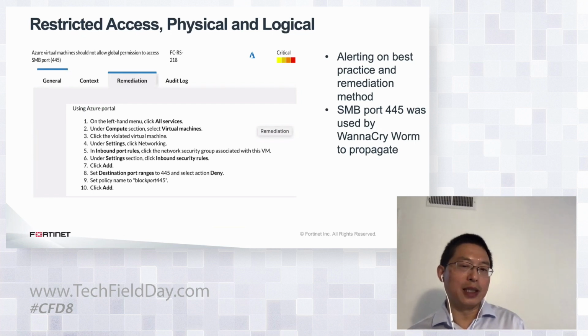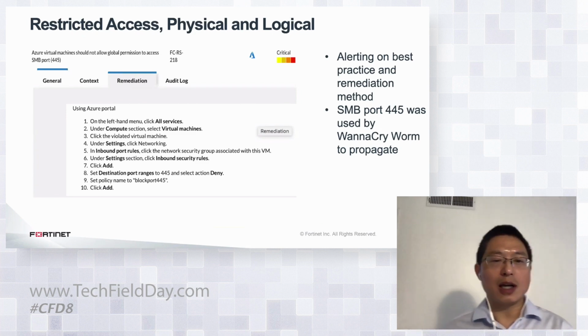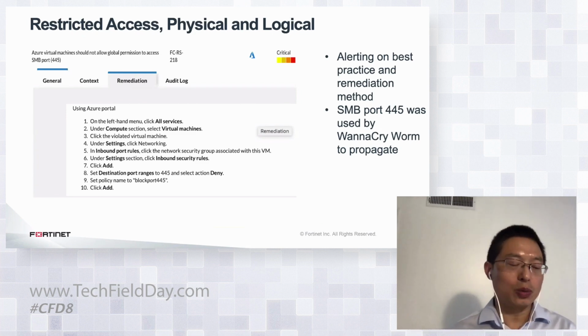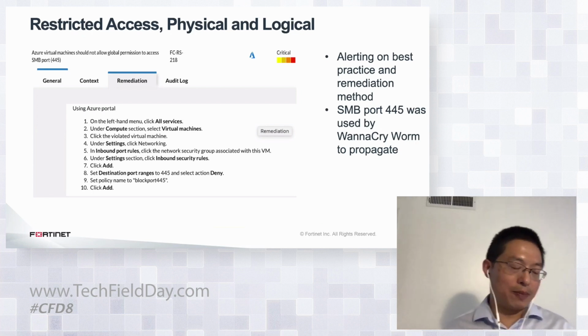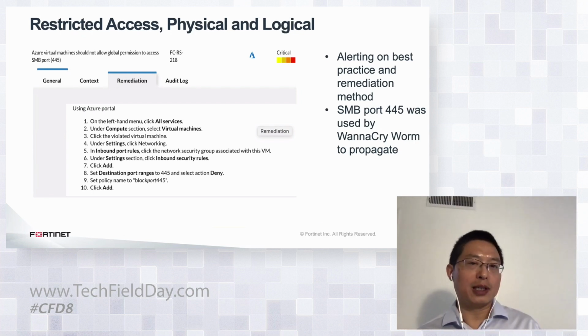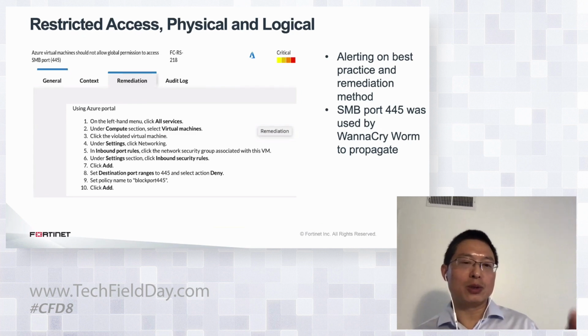The difference is that in those cases, we think the potential side effects are manageable, so we do auto remediation for you. But regardless, there is a step-by-step guide in those rules. So if you do get an alert that says your particular virtual machine allows global permission to access this port, you can follow the remediation steps to fix it.